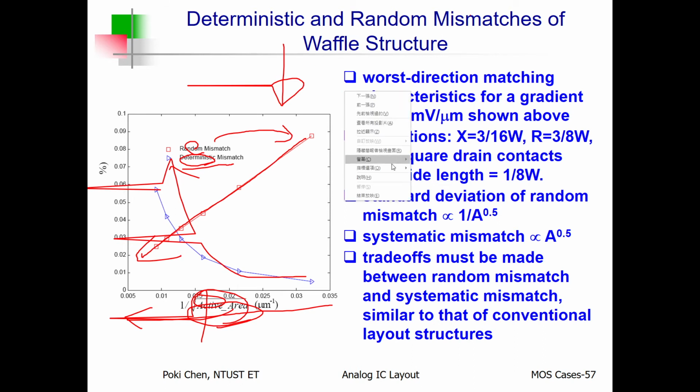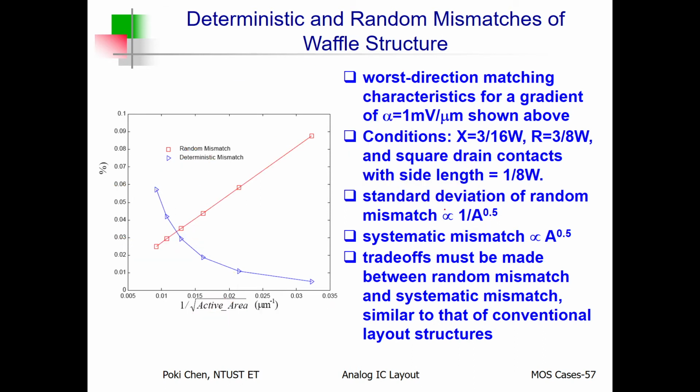To please everybody means to please nobody. You cannot please both random mismatch and systematic mismatch. If you would like to reduce random mismatch, you need to enlarge the area, but you will also increase the impact of systematic mismatch.